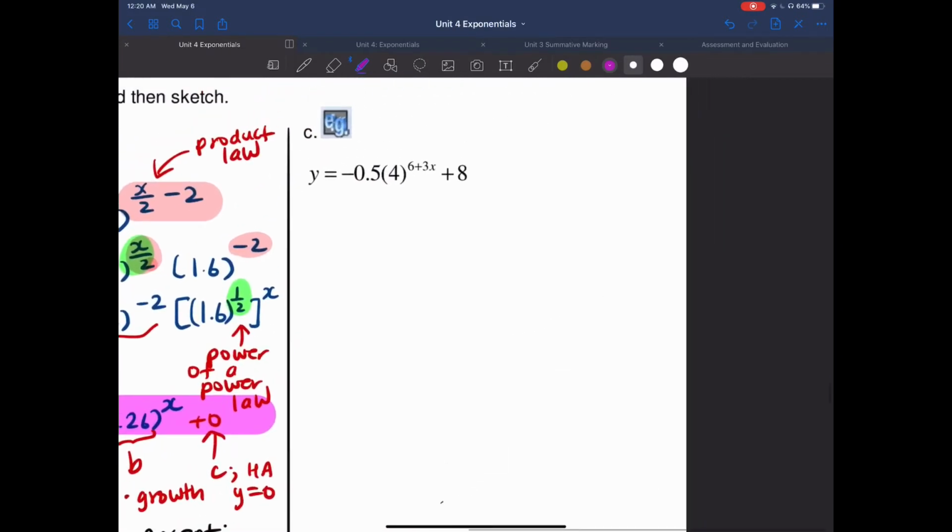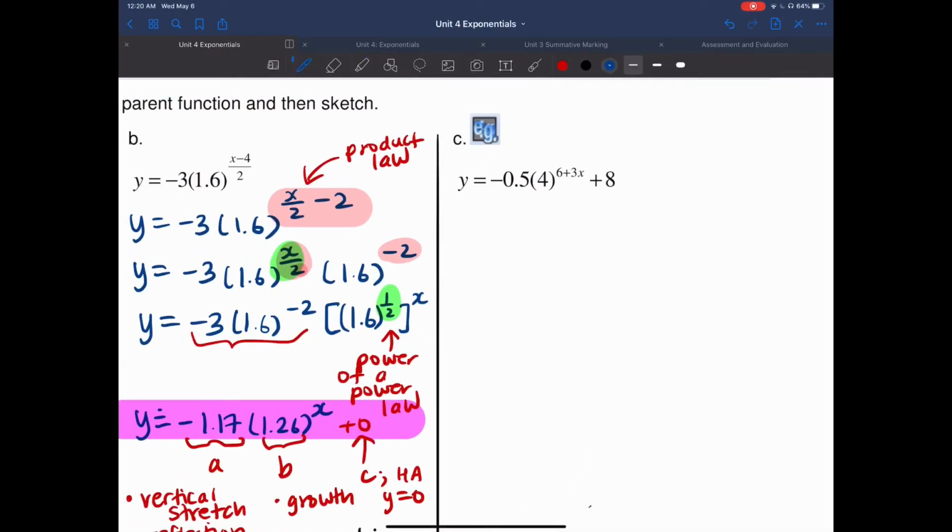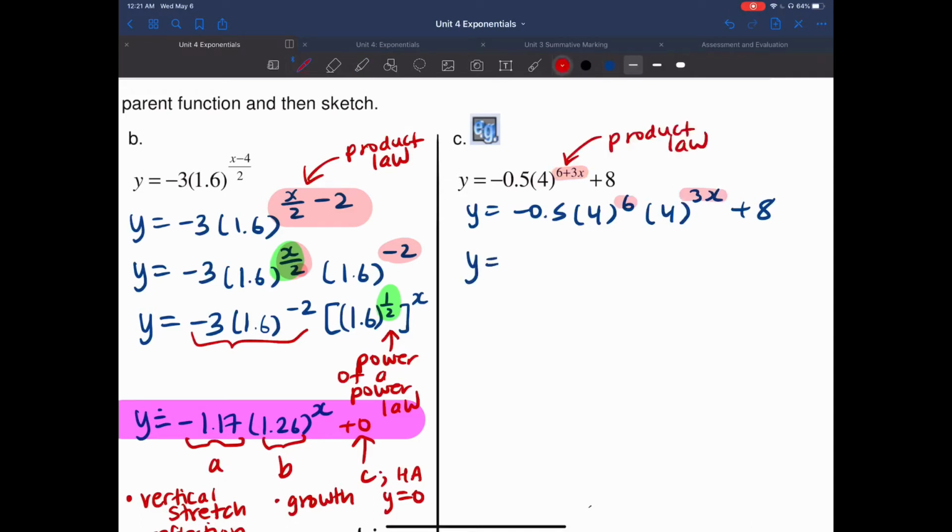And now for question C, I have y is equal to negative 0.5, 4 to the exponent 6x plus 8. This can be split up, so it's 4 to the exponent 3x plus 8, and that is again by product law. So I have y equals, well, all of this is going to be my a value, and that's equal to negative 2048.